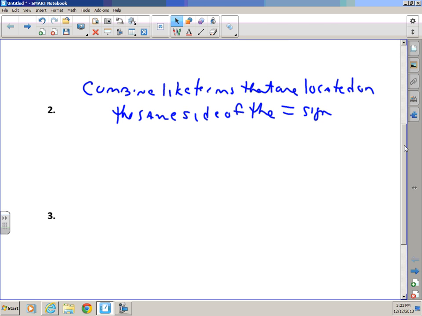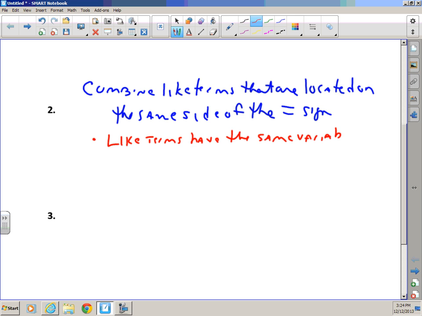Now, just a couple of things about combining like terms. Like terms have the same variable or variables, which is why I'm adding the S, and the variables have the same exponent.